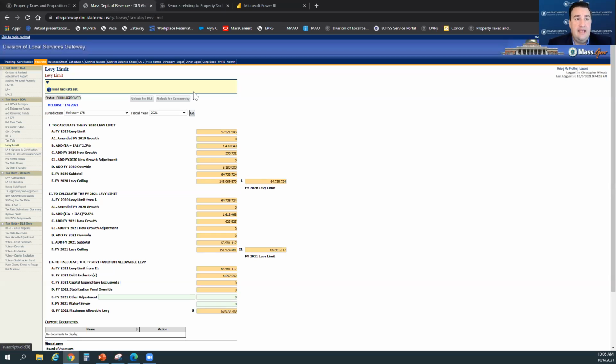It has any debt exclusions, it has any overrides if they were passed, and it also gives what the Prop 2.5 numbers are. But as you can see at the bottom, the maximum allowed levy is what's going to factor in after you have the levy limit. And for this community, they also had a debt exclusion.